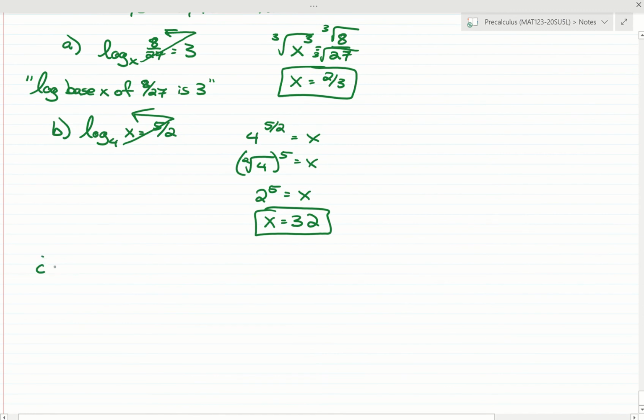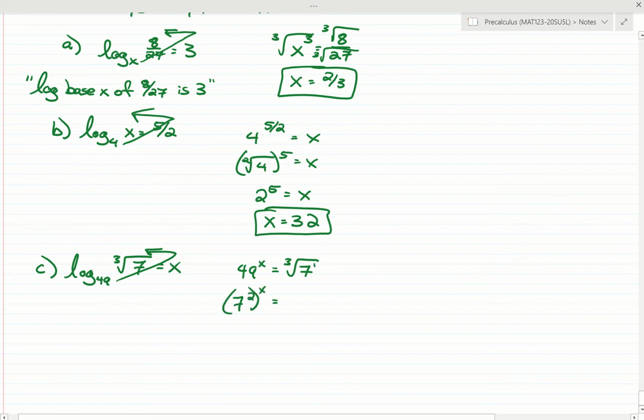Last type of problem like this, what if we had log base 49 of the cubed root of 7 is equal to x? Let's use the translation property. 49 to the x power is equal to the cubed root of 7. Let's try to get the same base, right? Remember, that's how we solve exponential equations. 49 is just 7 squared.